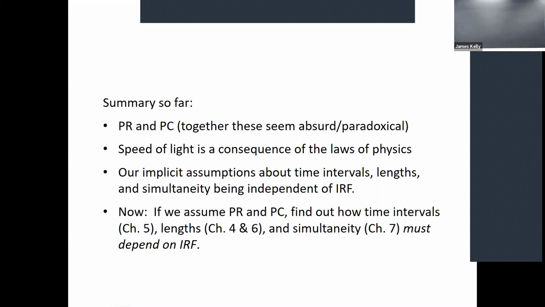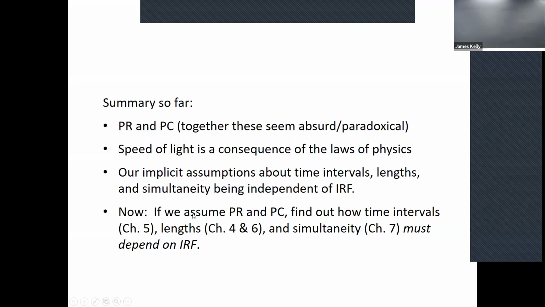If the proof is going to be false, which is what Einstein is asserting, we now have to find out how things like the time intervals between two events, lengths of objects, and whether two events are simultaneous are actually going to depend on who you're asking. If two firecrackers go off simultaneously at different points in space, that's your perspective. Somebody else is going to disagree with that, and we've got to find out exactly how they're going to disagree.